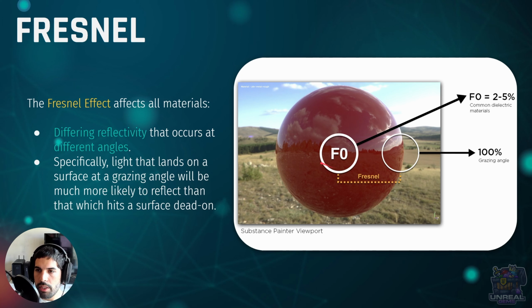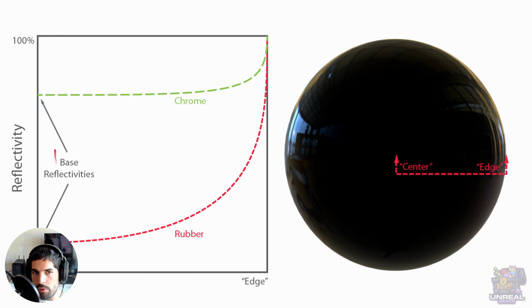So head-on is going to have less reflectivity than when the camera angle is at a grazing angle, in which we will have close to 100% reflectivity. So that's pretty much the effect. This means that at a grazing angle we will reflect more light than if we face the surface head-on. So it is quite simple. We can see it better with this graph.